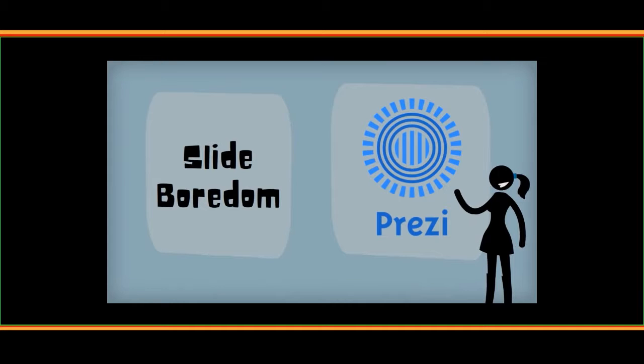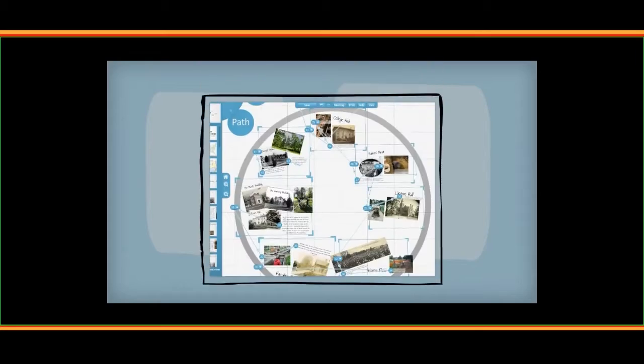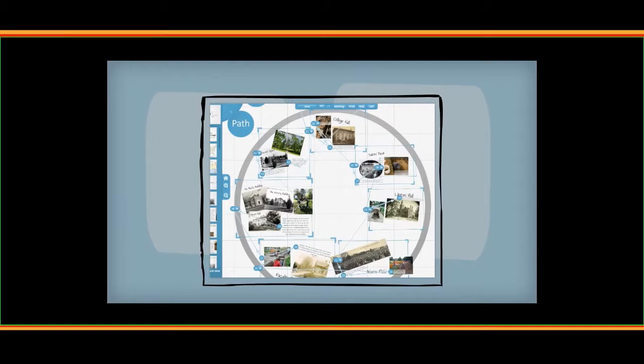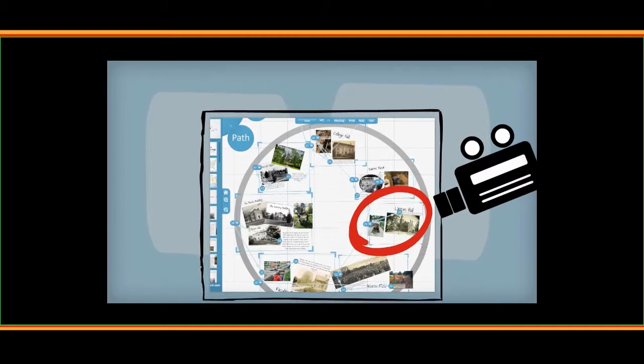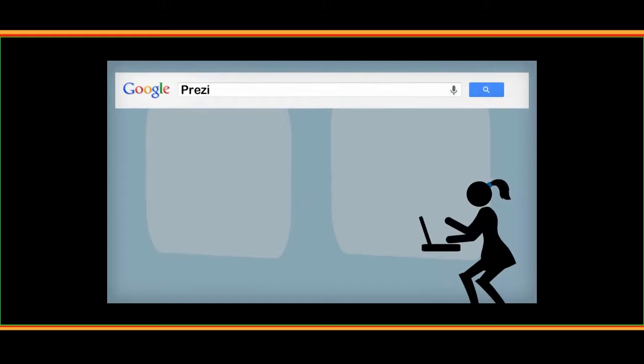The first software to break the slideshow boredom was Prezi. Prezi went all out and decided to eliminate slides altogether. From now on, there would only be one canvas with content strategically scattered across it. Instead of moving the slides, Prezi moves the camera. In 2001 to 2012, Prezi took off as the leading PowerPoint alternative.